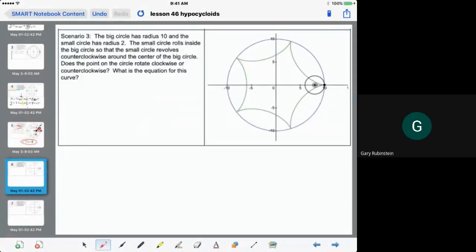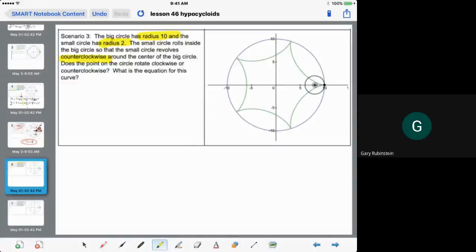Scenario number 3 is an actual hypocycloid. And there's only 3 pieces of information you get. You get the radius of the big circle, you get the radius of the small circle, and you get that the small circle is revolving counterclockwise. That's all you have are those 3 pieces of information.